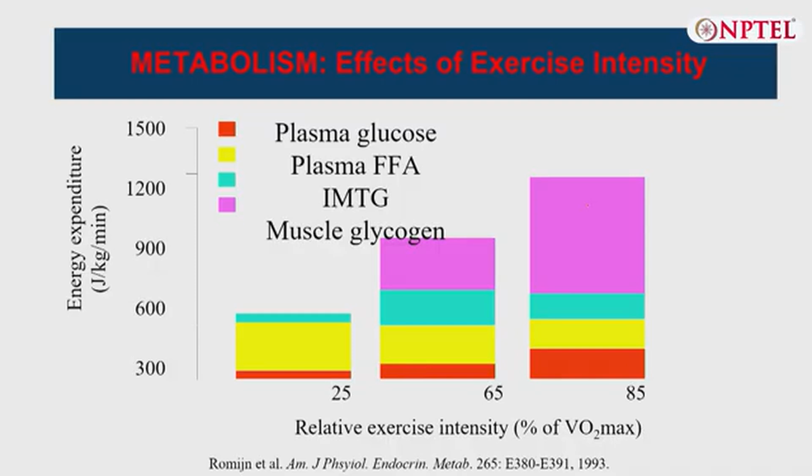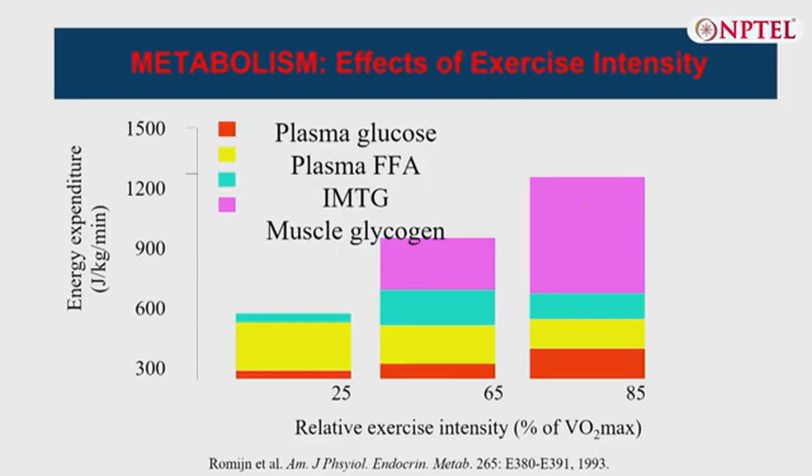Apart from that, energy is driven from plasma free fatty acid, but when you are going with a higher aerobic intensity, then plasma glucose is the better fuel. So the aerobic oxidation of glucose happens when you are going for a higher aerobic intensity workout.